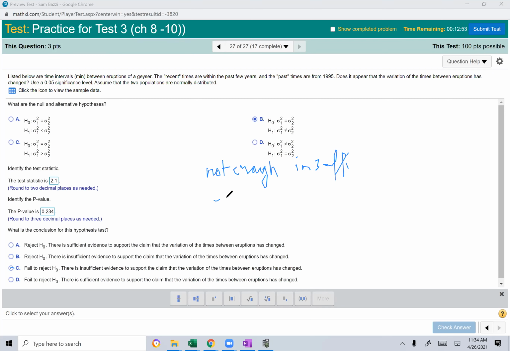And enough evidence means sufficient. Just keep that in mind. And that's it.